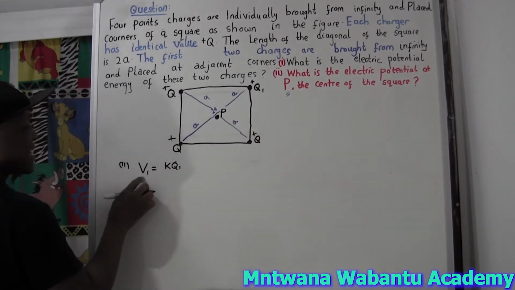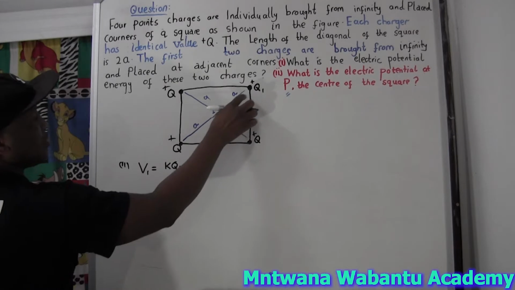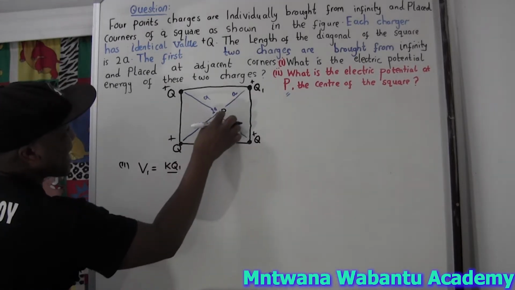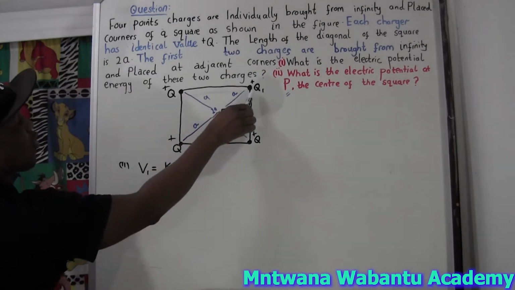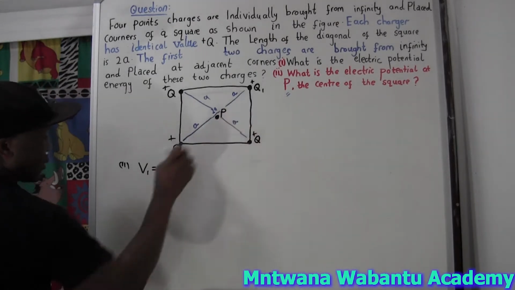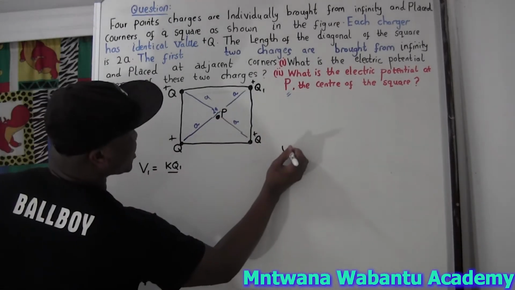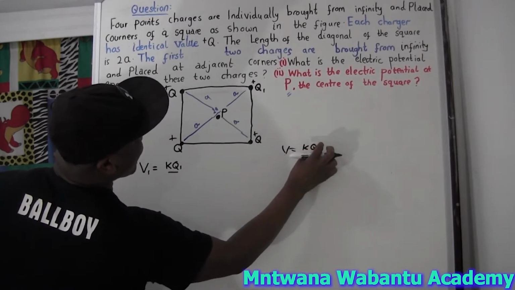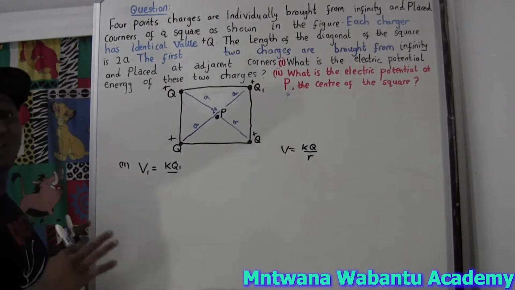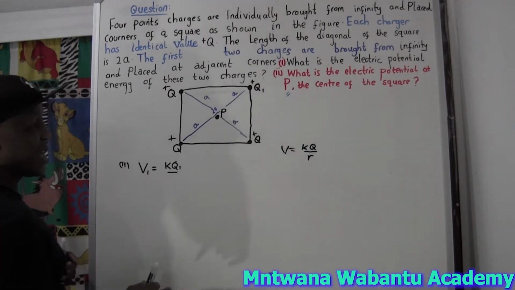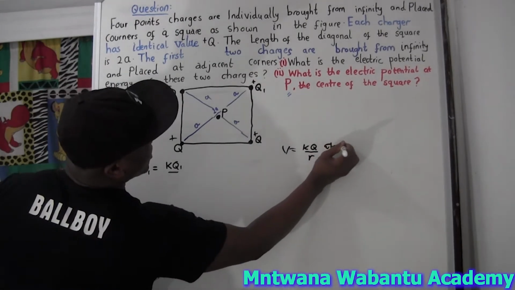So let's call this electric potential V1: K times Q1 over the distance from here to there, because I want the electric potential from P to Q1. You must take the formula: electric potential equals K times charge over distance. That's electric potential from Coulomb's law.